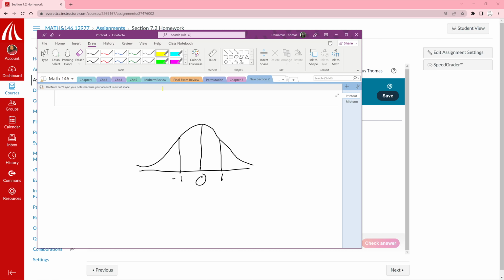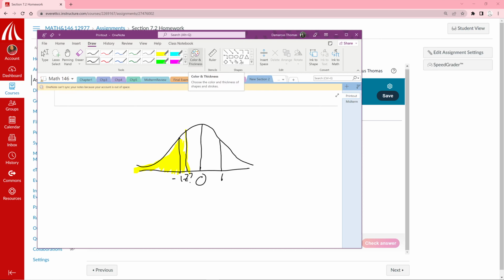So let's say about here. I'm not sure if that's 25% or not, approximately. And this line here, what we want to know is what is that z-score that separates the lowest 25% from the upper 75%, the rest.